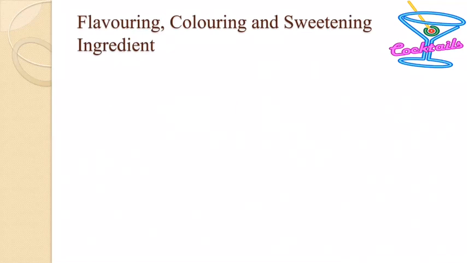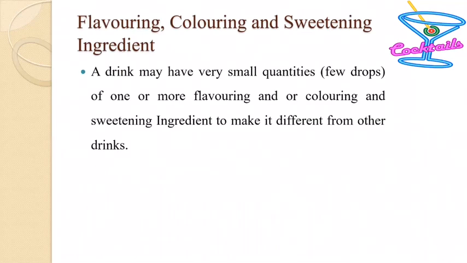Next component is flavoring, coloring and sweetening ingredient. A drink may have a very small quantity of one or more flavoring, coloring and sweetening ingredients to make it different from others.